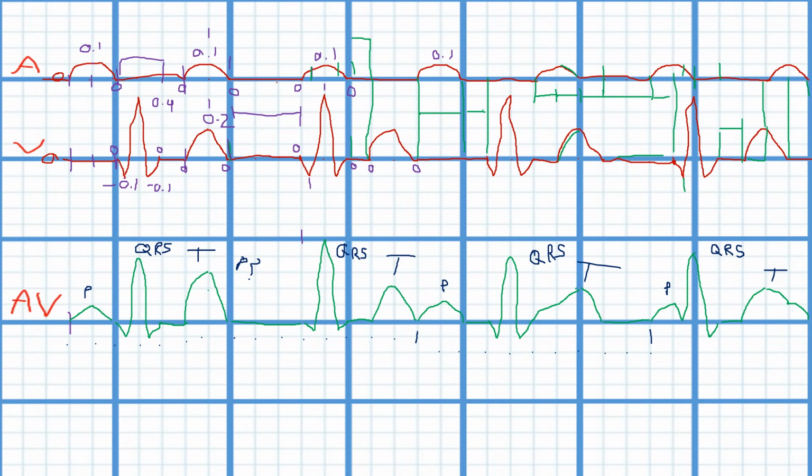All right, so then let's count that. And so what we've got, 1, 2, 3, 4, 5. All right, maybe 1, 2, 3, 4, 5. Yeah, this QRS definitely looks different than the other QRSs right here.